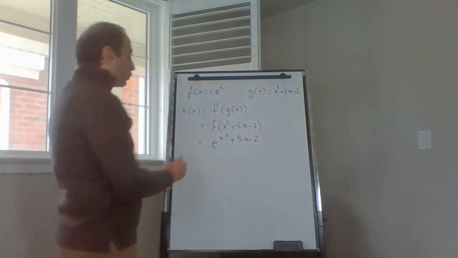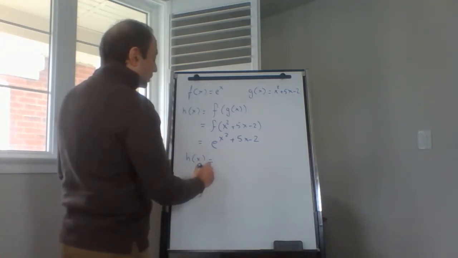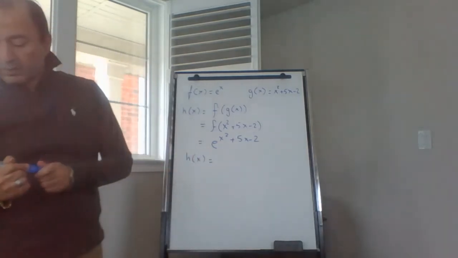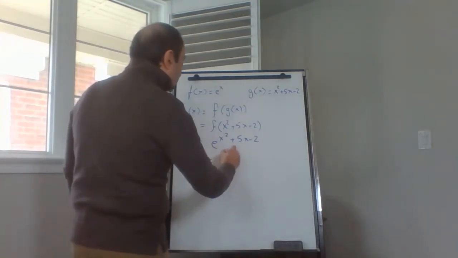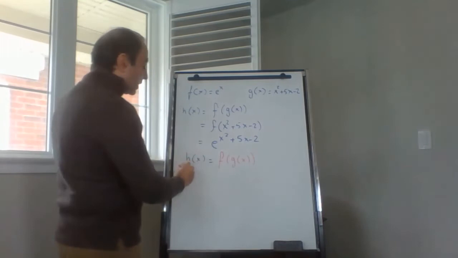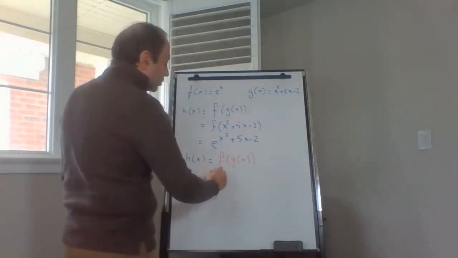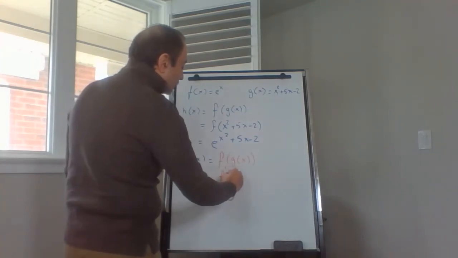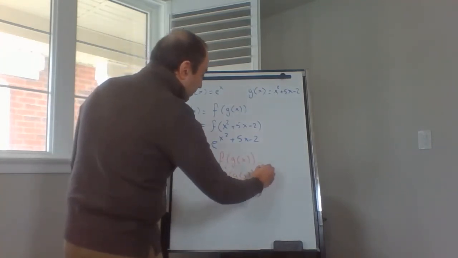So this is the composite function h of x that is equal to f of g of x. And we said before, if we have h of x equal to f of g of x, to find the derivative, this equals f prime of g of x times g prime of x.